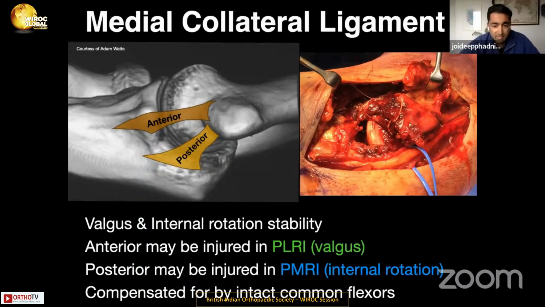The anterior part tends to be ruptured in the valgus patterns, the posterolateral instabilities, and the posterior part tends to be ruptured in the posteromedial pattern, the internal rotation. But we often don't need to fix the medial collateral ligament because in most circumstances, the common flexors are intact and they compensate well for this injury, unless they are also avulsed, as in this picture on the right.